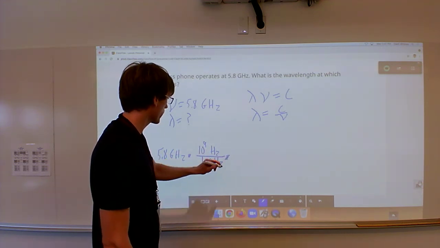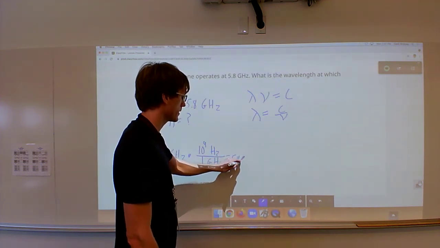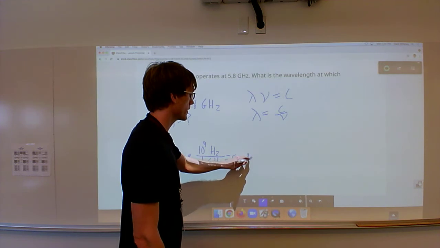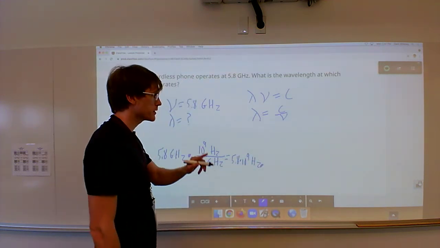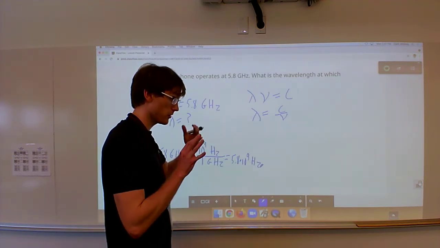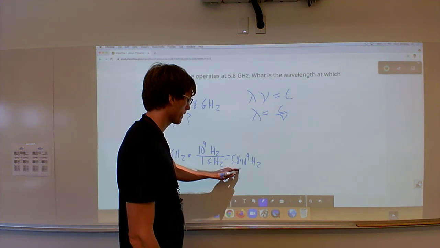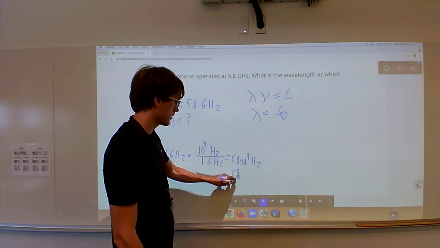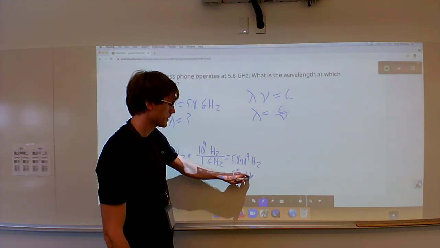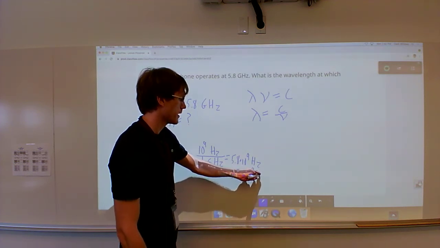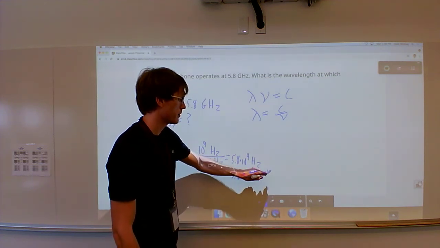So we end up with 5.8 times 10 to the 9th hertz, which, to make the units look better, I'm going to say is 5.8 times 10 to the 9th inverse seconds. I'm sorry about the pen here.